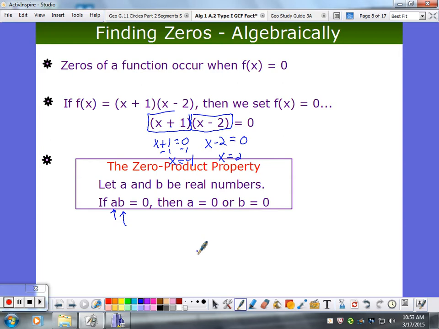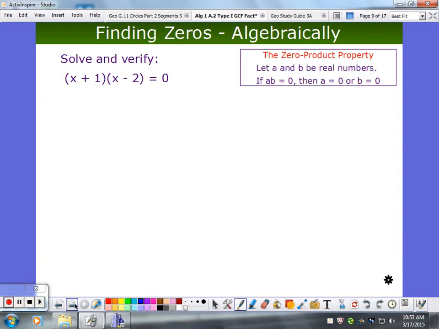Zero product property. So far, we kind of follow it. Yeah. I don't think it's that hard. It's like to get to 0, if you're multiplying stuff, at least one of those things has to be 0. All right, so we're using this fact to our advantage to solve equations that are a little bit hard to solve otherwise. So to solve this, you say when does x plus 1 equal 0? Or when does x minus 2 equal 0?